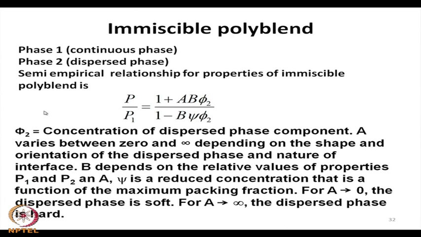In case of immiscible polyblend, there are two phases: phase 1 which is the continuous phase, and phase 2 the dispersed phase, but these two phases are immiscible.